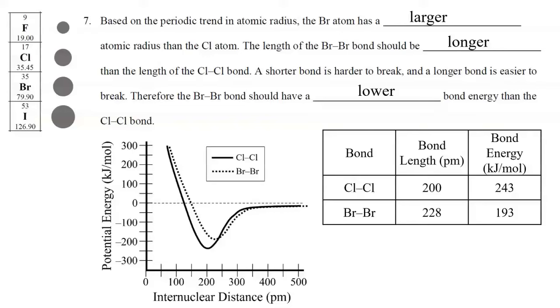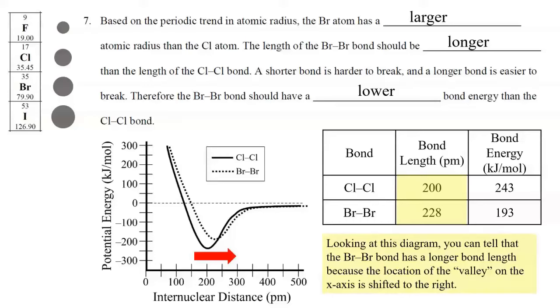If we look closely at the appearance of the graph, we have the solid line representing chlorine and the dotted line representing bromine. If you look closely at the x-axis, you can tell that the bromine-bromine bond has a longer bond length because the location of that valley, that minimum in potential energy, has shifted toward the right along the x-axis.